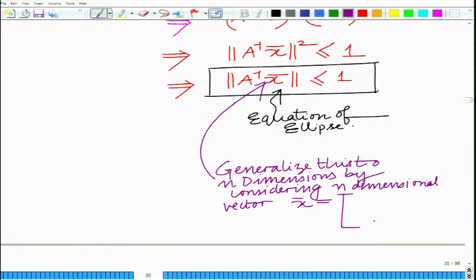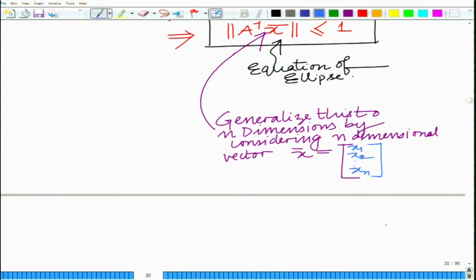So, if you consider, instead of x1 x2, an n dimensional vector x1 x2 up to xn, norm A inverse x bar less than or equal to 1 becomes an ellipsoid, an n dimensional ellipsoid. Generalize this to n dimensions. So, that becomes an ellipsoid in n dimensions.